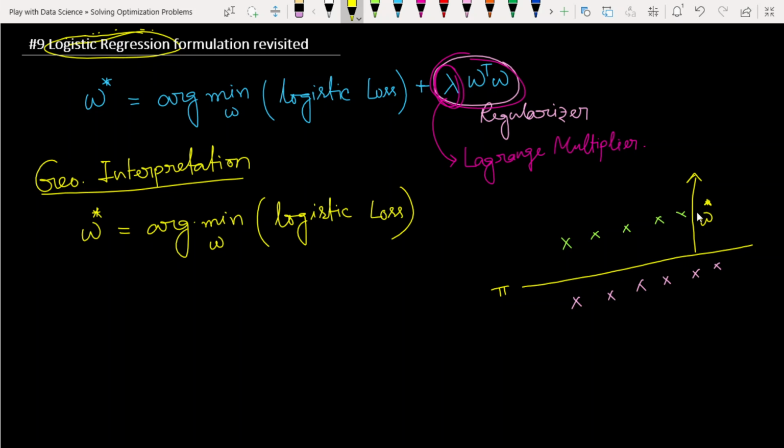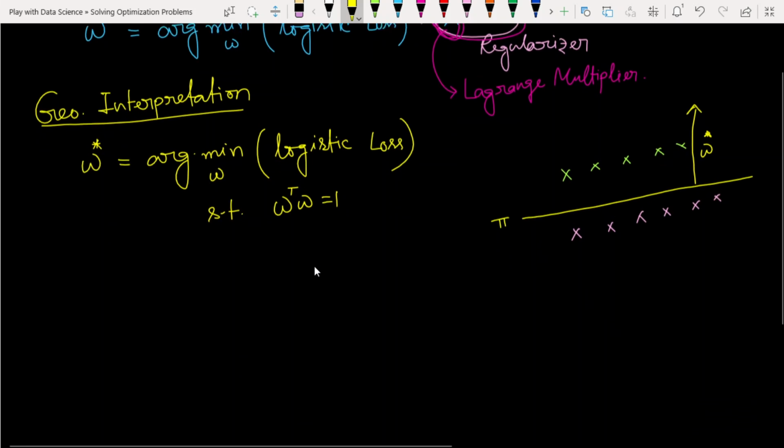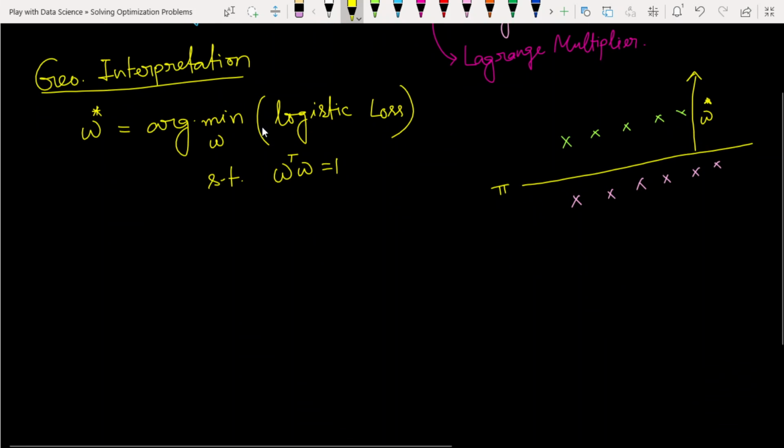Since it is the normal vector, W transpose W will be 1. We are using just this concept for a normal vector.